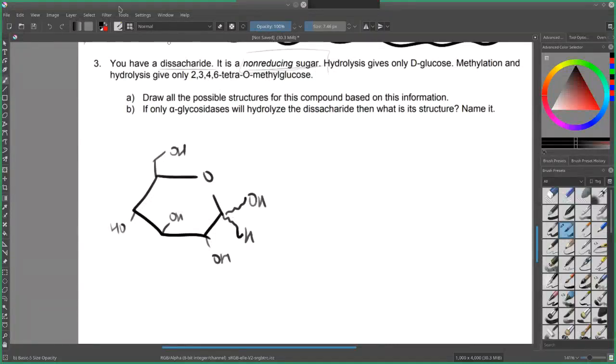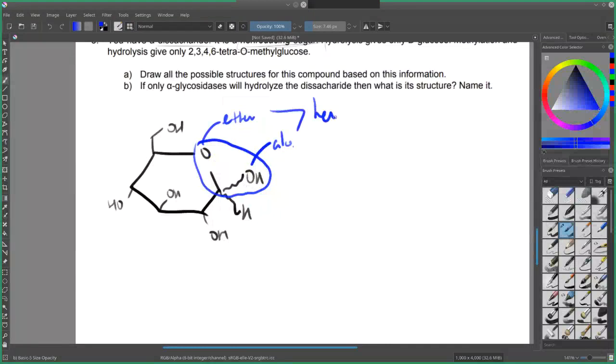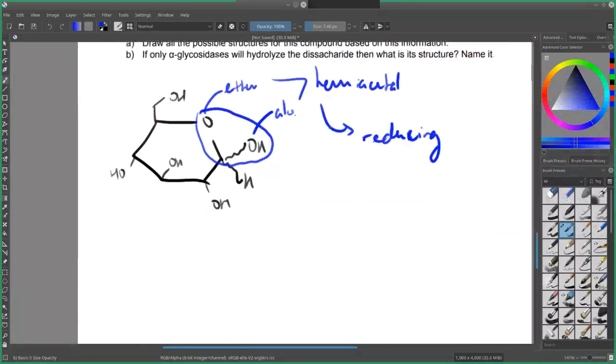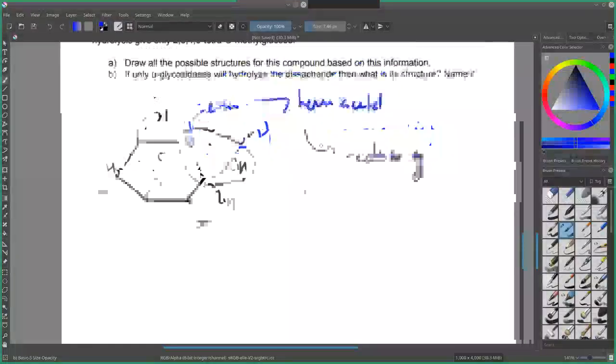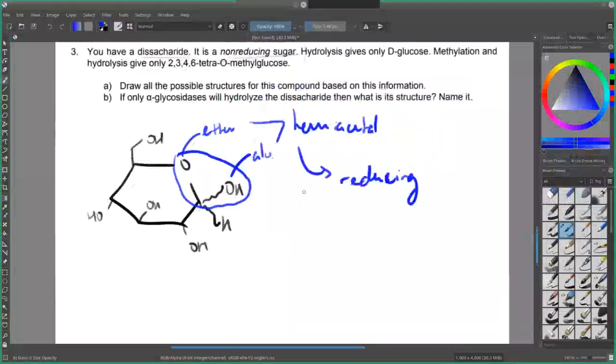Okay, but here we have that if we just look at this carbon that has two oxygens there, so one of them is an ether and the other one is an alcohol. Okay, so this is a hemiacetal, which is reducing. Right? The naming is a little bit weird because reducing sugar means that it can get oxidized itself.